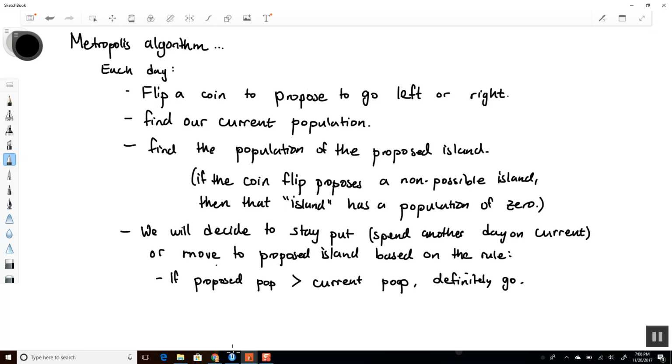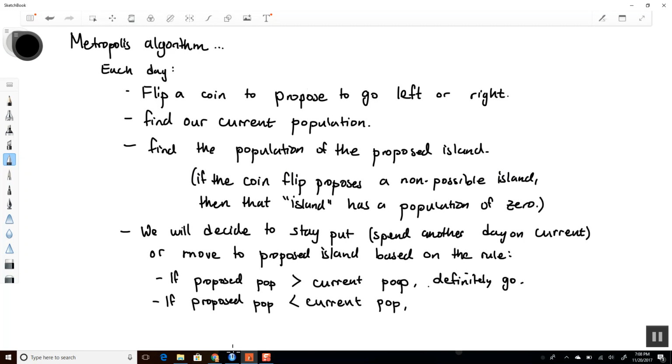Okay. If the proposed population is less than the current population, then there's still a chance of going.